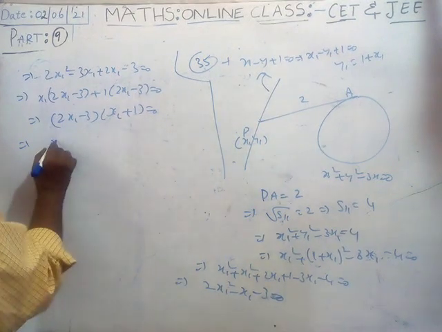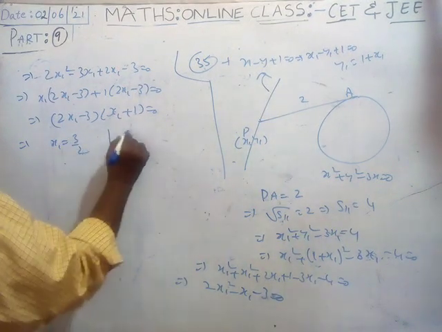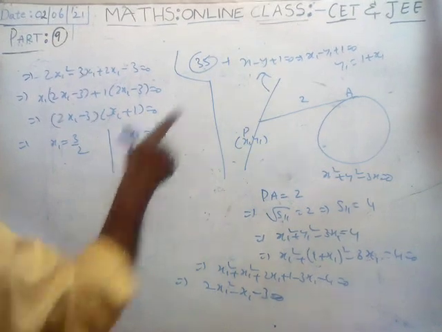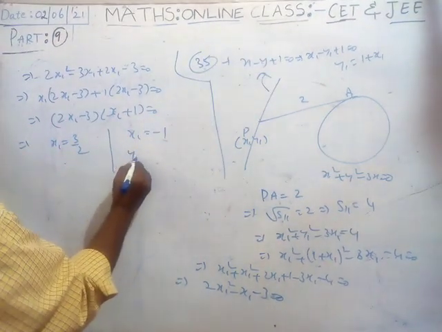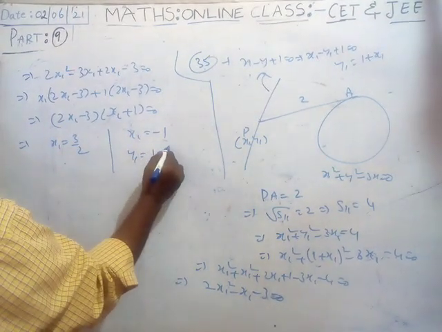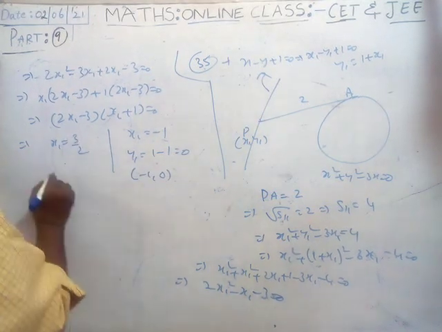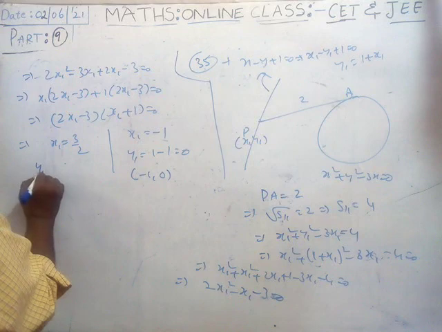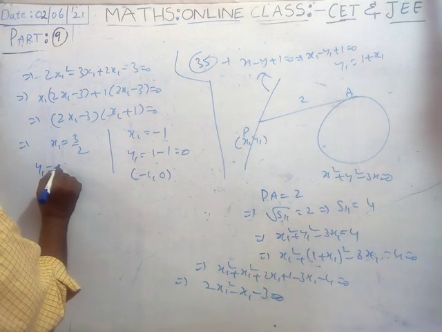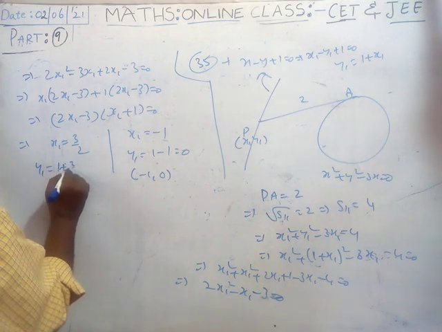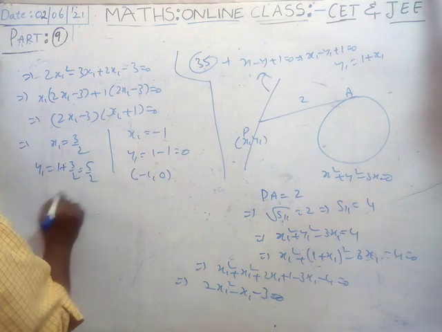So x1 is equal to 3 by 2, or x1 is equal to minus 1. Then what is y1? Y1 is equal to 1 plus x1. So for x1 equal to minus 1, y1 is 0, so (-1, 0) is one point. And for x1 equal to 3 by 2, y1 is 1 plus 3 by 2, that is 5 by 2.